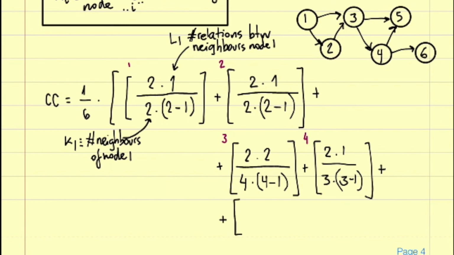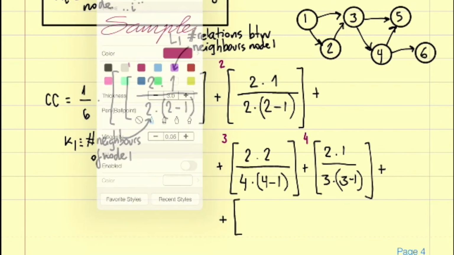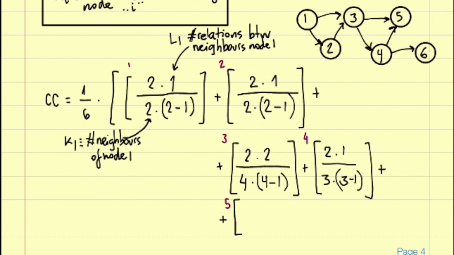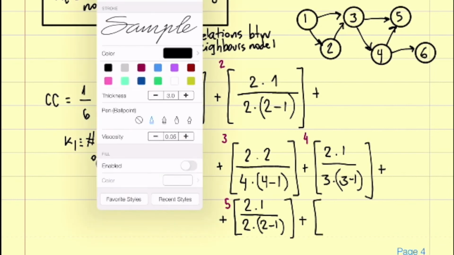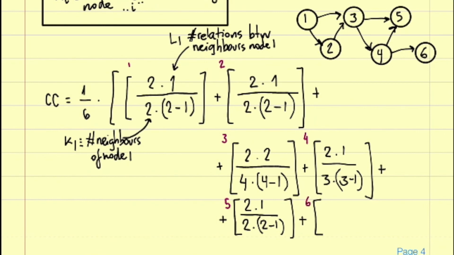For number 5, same thing: 2 times 1 divided by 2 times 2 minus 1, plus for number 6: 2 times 0 divided by nothing.